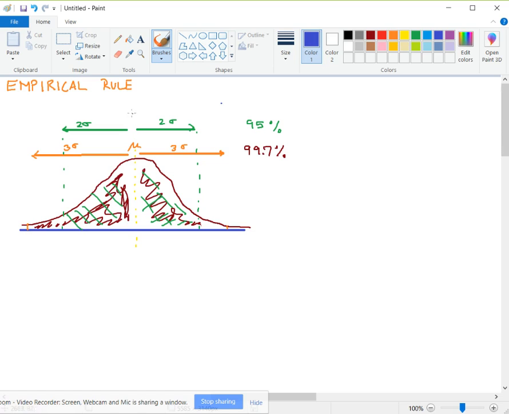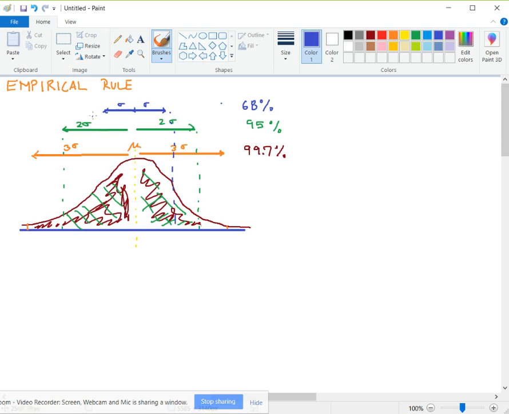Finally, the empirical rule states that if you were to go 1 standard deviation, so half as far, I'll put a little tick here to show you that that's 1 standard deviation to the left, 1 standard deviation to the right, you would account for 68% of the data.